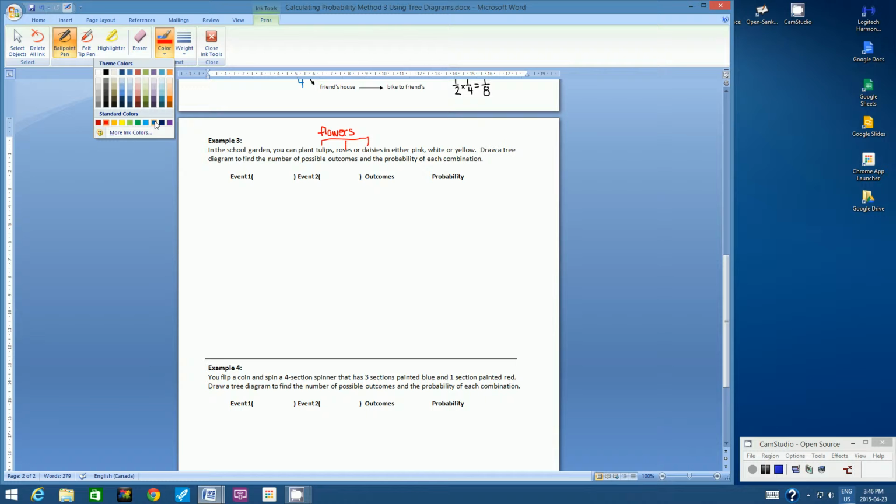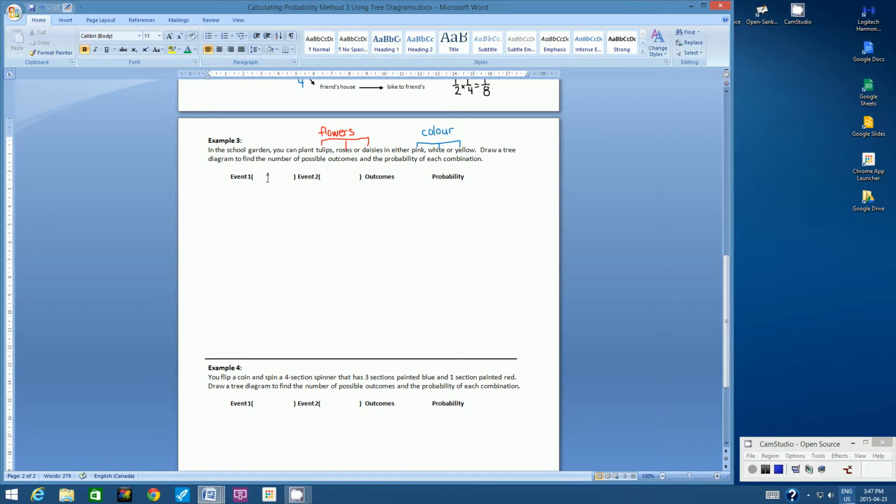And then, what's the next event? Well, we have in either pink, white, or yellow. So how could we summarize this event? Well, this is going to be color. Okay, so that's the first thing I want you to fill in here is flowers and then color.